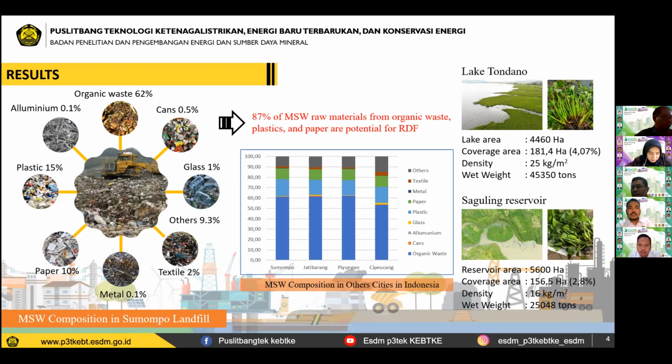The density of Eichhornia crassipes in Tondano is 25 kilograms per square meter. So the wet weight of Eichhornia crassipes in Lake Tondano is around 45,000 tons.